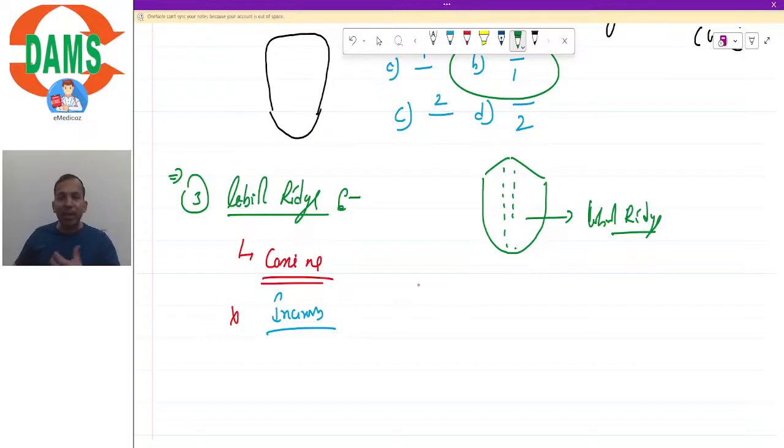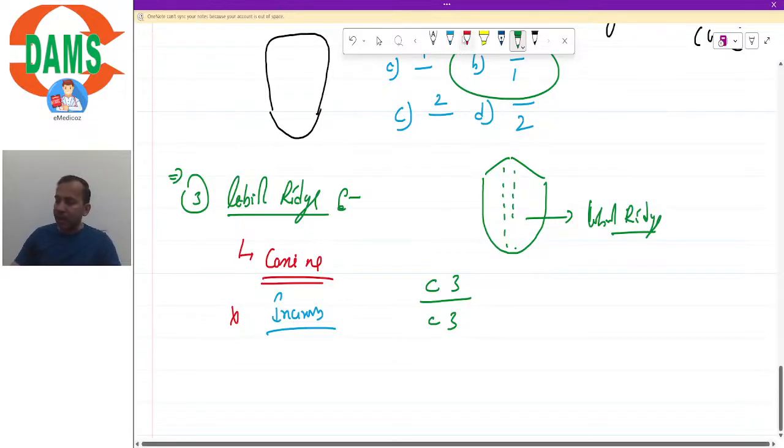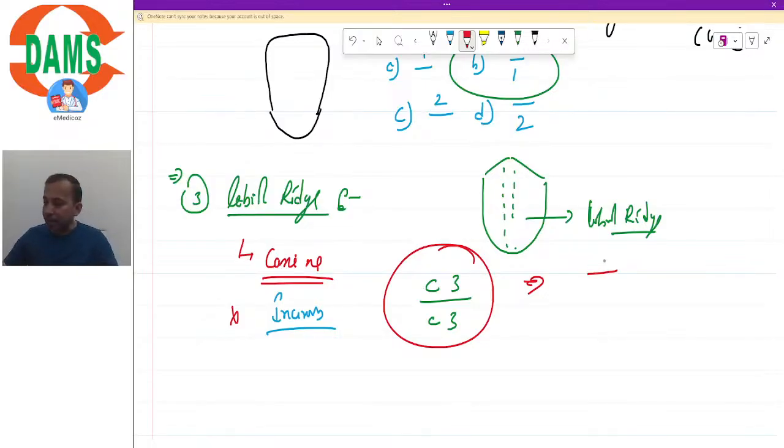Basically, the labial ridge would be present on the upper primary canine, upper permanent canine, lower primary canine, and lower permanent canine. So these four teeth will have this labial ridge, right? And if you are asked which tooth has the most prominent labial ridge, then the upper three has the most prominent labial ridge, and the least prominent labial ridge would be seen on the lower deciduous canine.